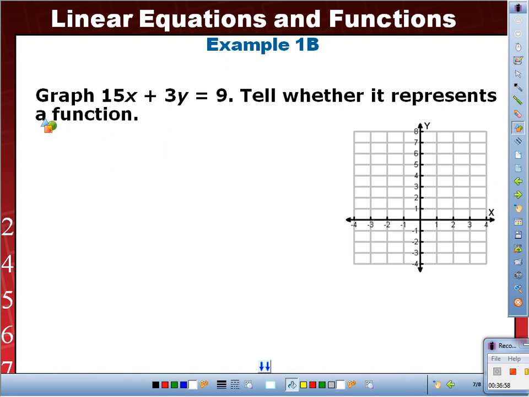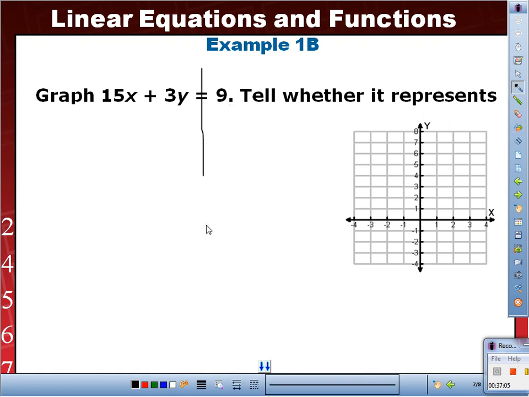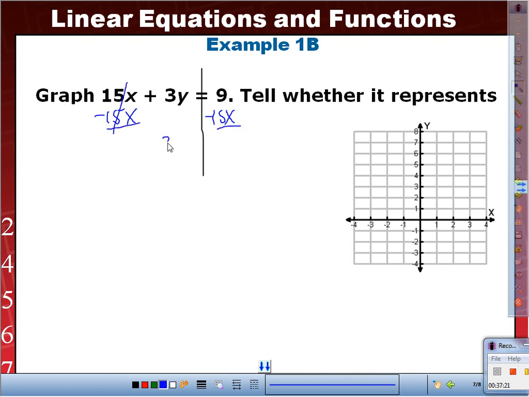First thing you do, let me cover this. Draw a line down the equal sign. Tell your neighbor the first thing you're going to do if we need to leave the y by itself. Everyone, subtract 15x. That is correct. We got 3y equals negative 15x plus 9.